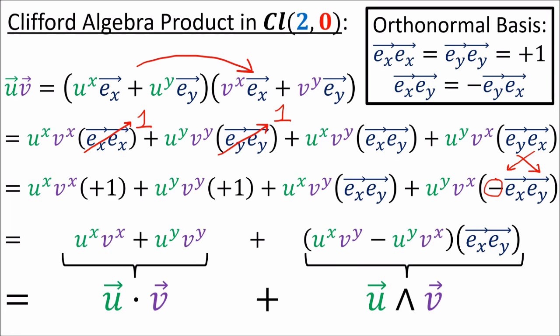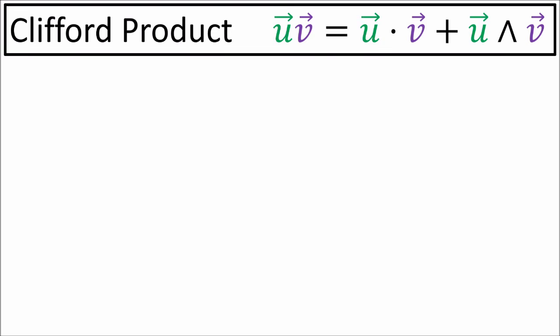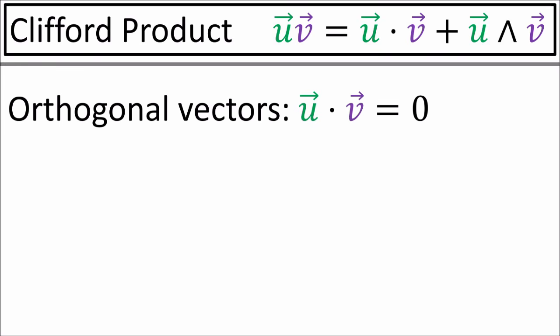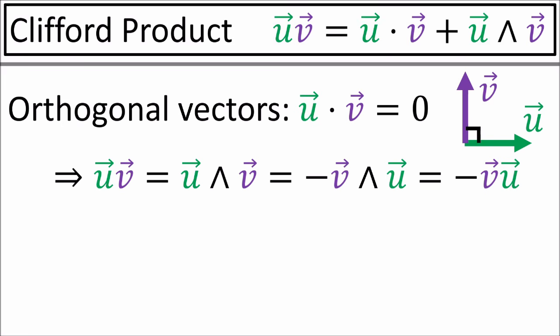The scalar part looks like the dot product of u and v, and the bivector part looks like the wedge product of u and v. So, loosely speaking, the Clifford product can be thought of as a combination of the dot product and the wedge product. When we take the Clifford product of two orthogonal vectors, u and v, the dot product goes to 0, and we're left with just the wedge product.